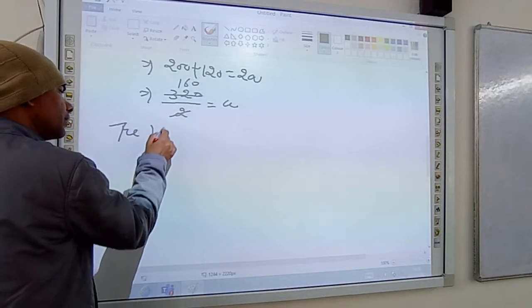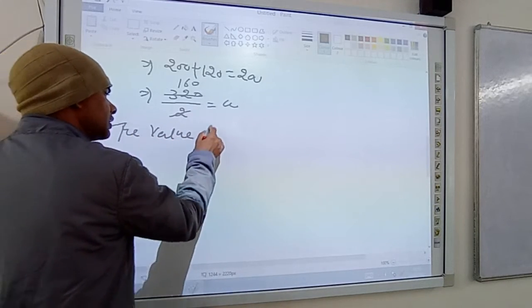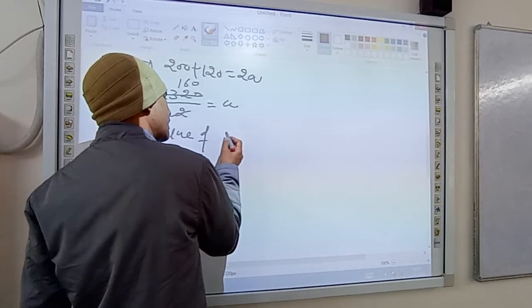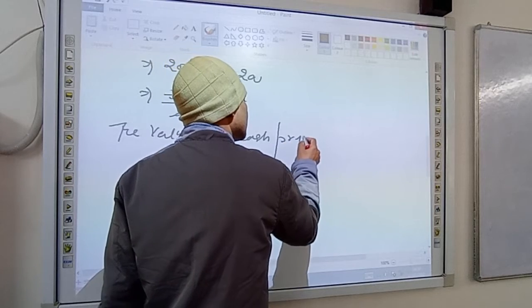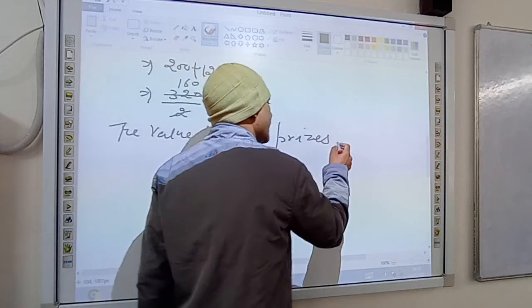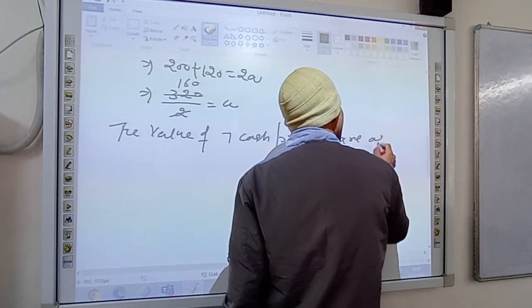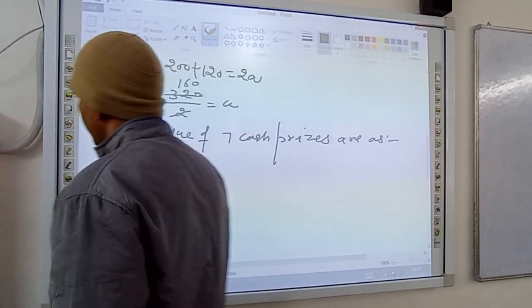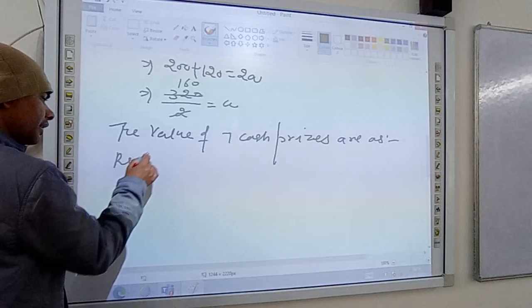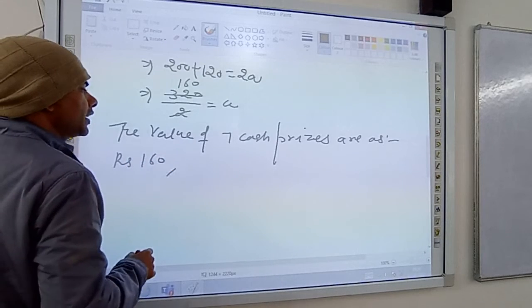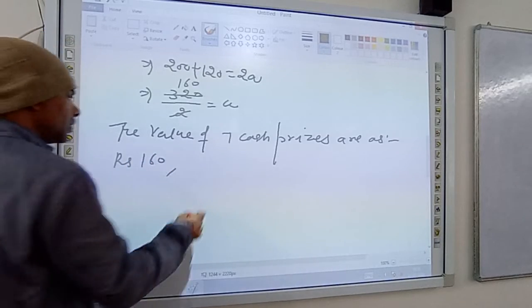The value of 7 cash prizes. First is rupees 160, and next will be 20 rupees less, so it becomes 140.